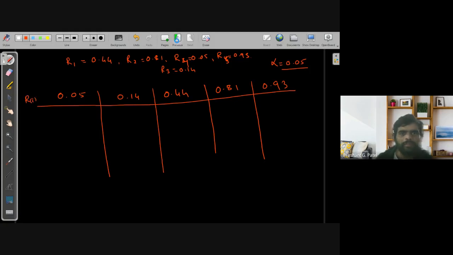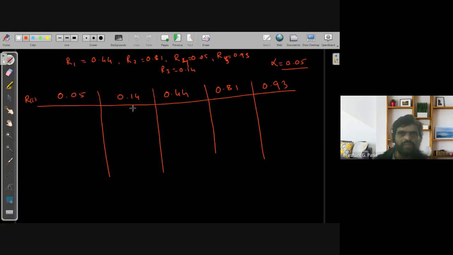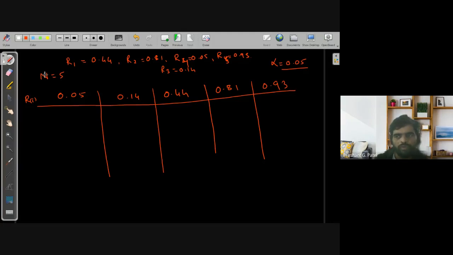What is the next step? The next step is to compute D plus and D minus. To compute D plus, you require i upon N. And to compute D minus, you require (i minus 1) upon N. So let us compute what is capital N here. In this case, capital N is 5, the number of observations.